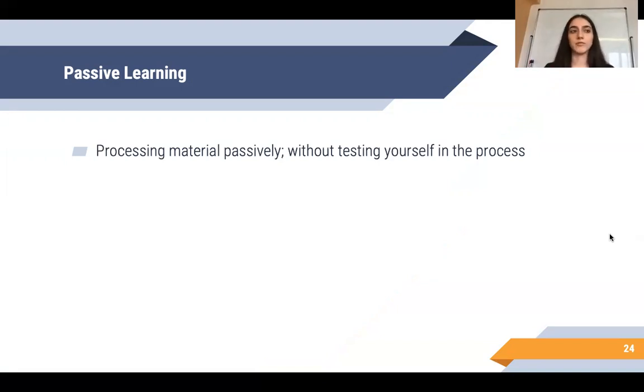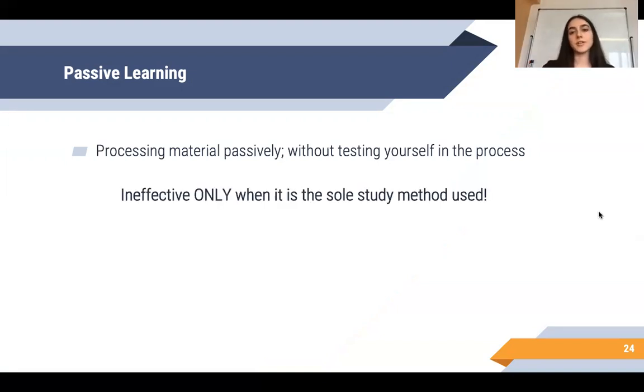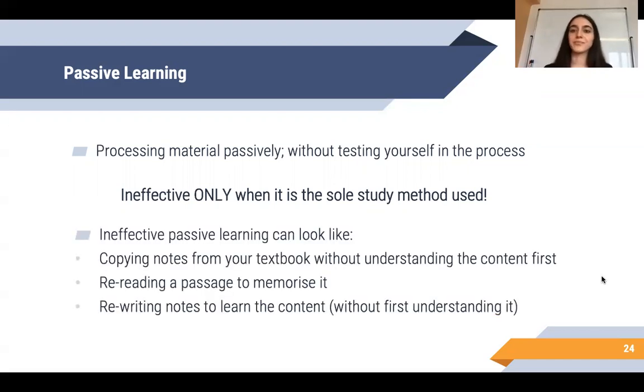So that's, for example, listening to your teacher explain something to you, or reading a passage, watching a video, and all of those are great, but the problem is when it's the only study method that you use. So passive learning is extremely ineffective as a study method if it's the only method that you use. And unfortunately, a lot of students only use passive learning, which is why I am talking about it today.